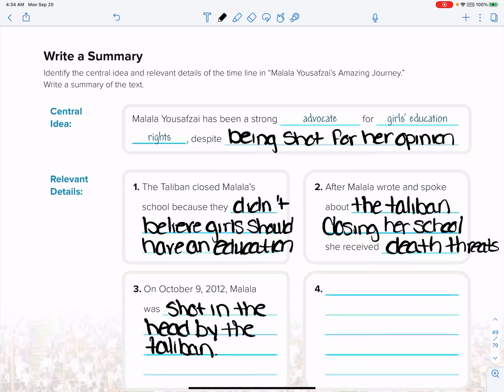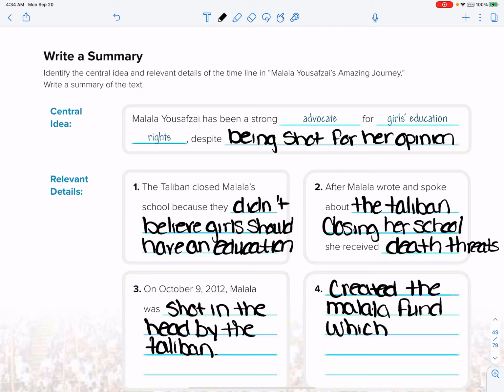So it created the Malala Fund, which promoted girls' rights.